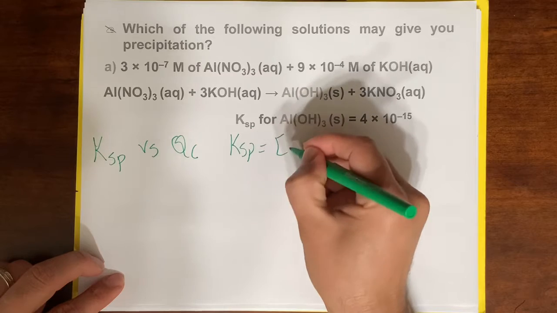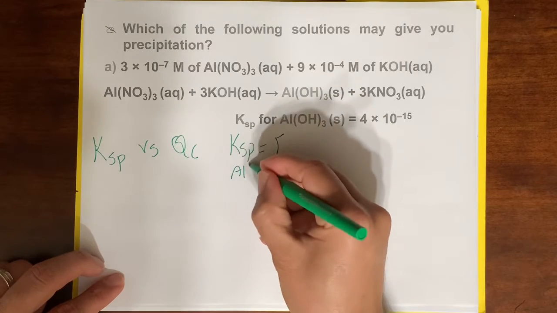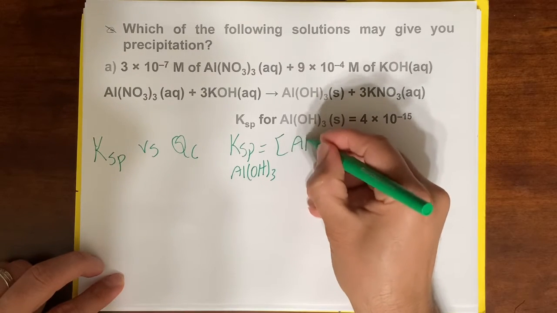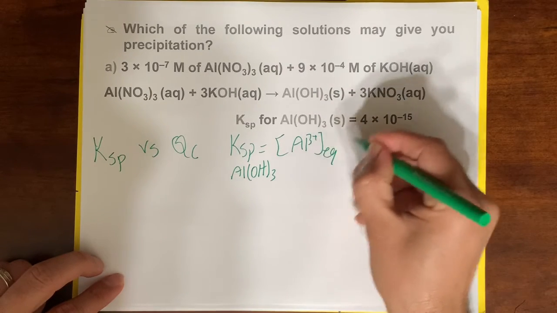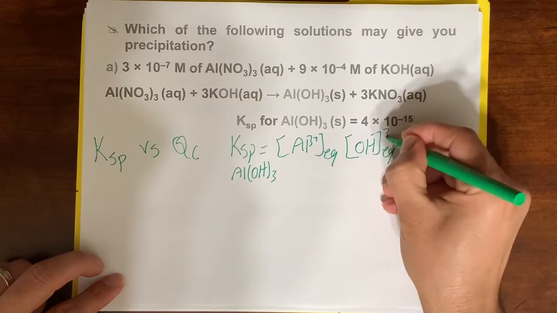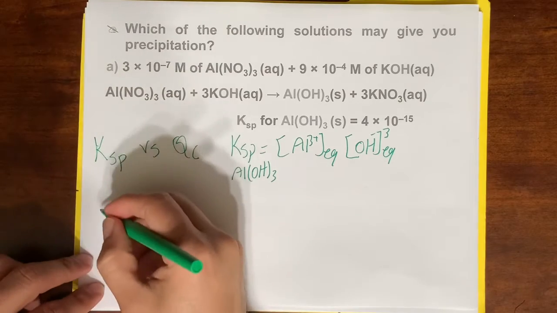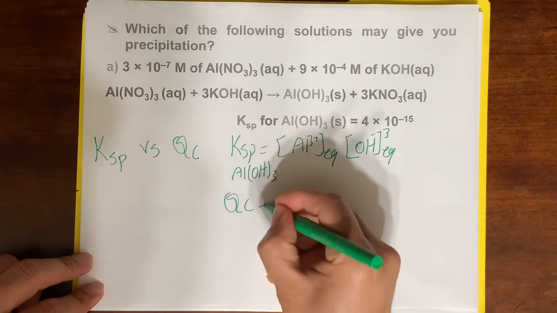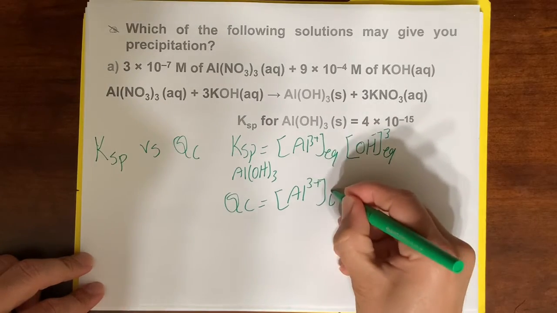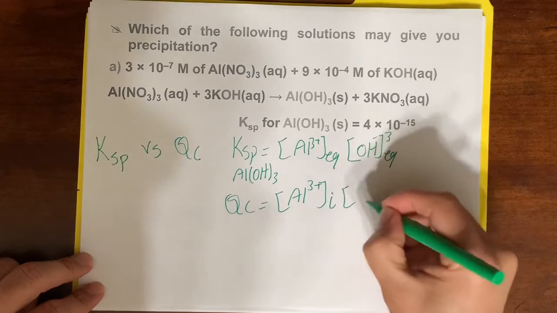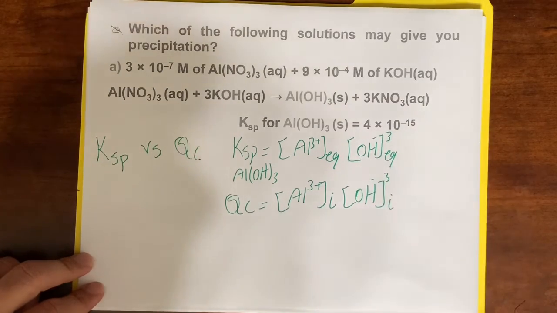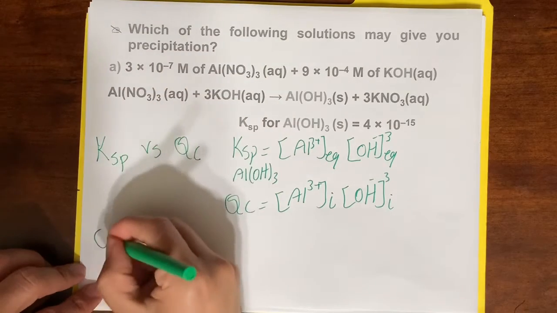Ksp of aluminum hydroxide is going to be the concentration of aluminum multiplied by the concentration of hydroxide to the third. So Qc is going to be the initial concentration of aluminum at the beginning, multiplied by the concentration of hydroxide at the beginning.